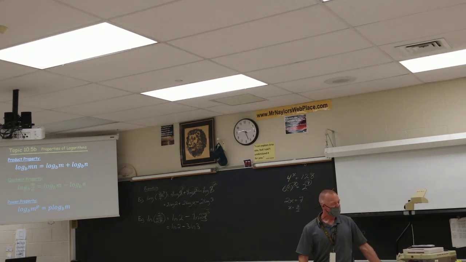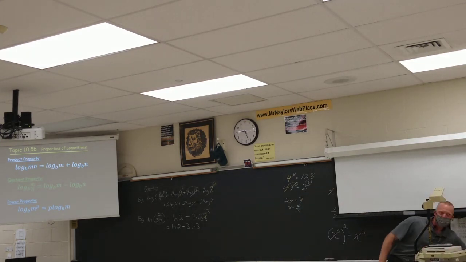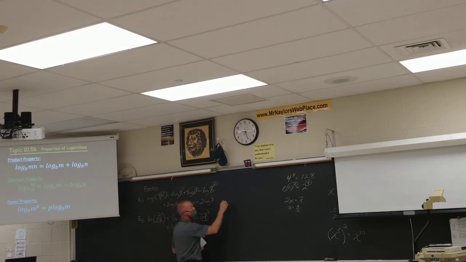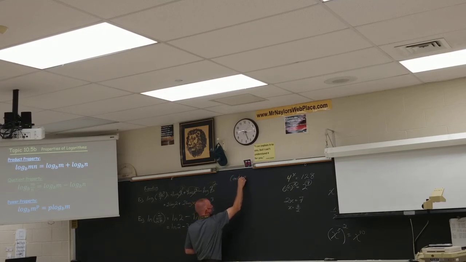Now, expanding something, sometimes people say, why would you want to do that? Why do you want to take something simple and make it complicated? Well, there's a place for it, but I'm going to be honest with you, it's more likely that you're going to want to do the opposite, that you're going to want to condense.